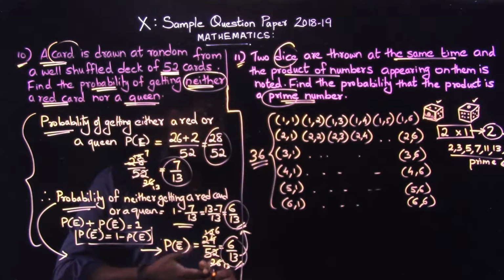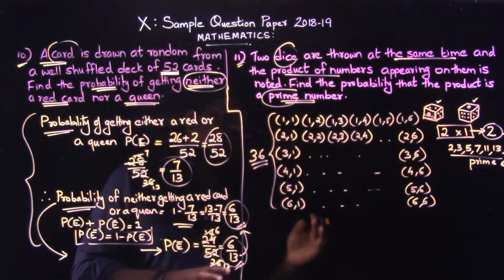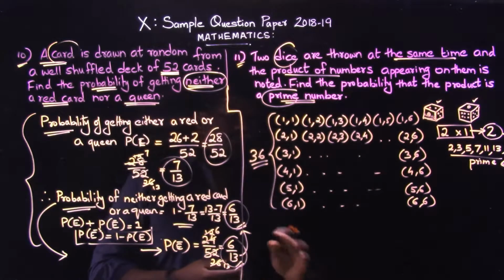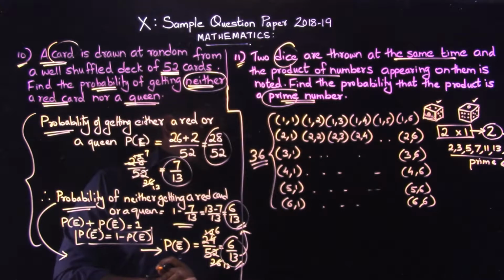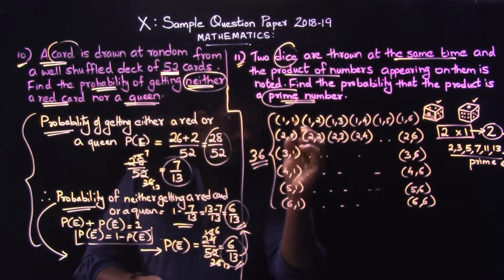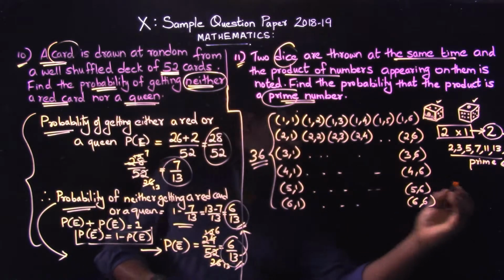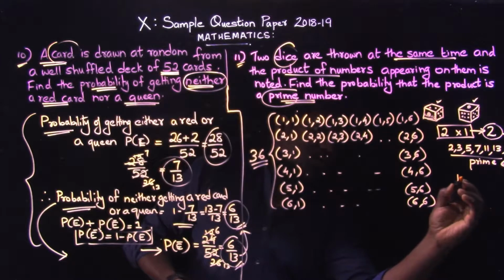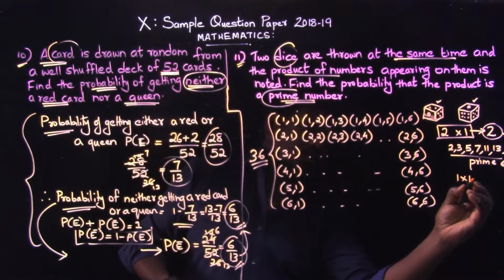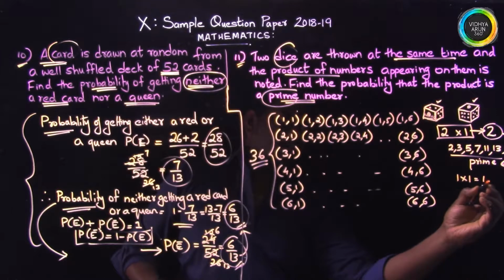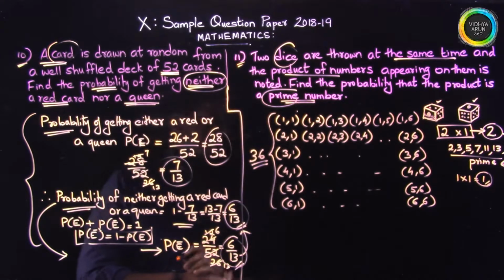So here I'm supposed to find the probability that the product is a prime number. You can check like this. 1 into 1 is definitely not a prime, we don't take that one.